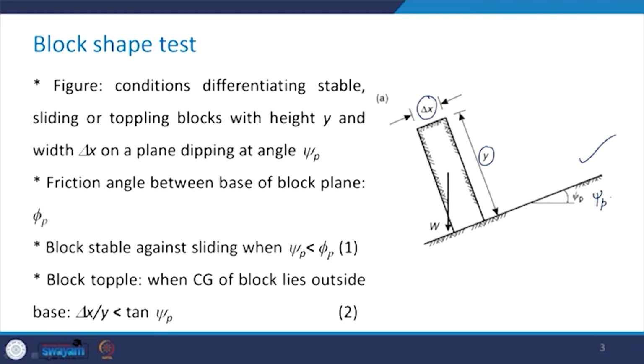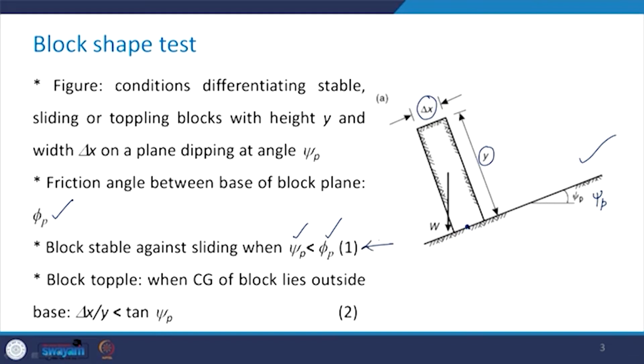The friction angle between the base of the block and the plane is phi p. So, the block is going to be stable against sliding when psi p is less than phi p. I am marking that as equation number 1.